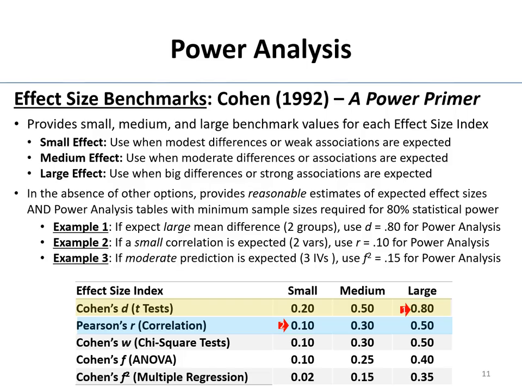And then finally, if I am doing predictions, so I'm doing a regression study, and I've got 3 independent variables and I expect a moderate proportion of variability accounted for in my dependent variable using those 3 independent variables, I would use Cohen's f for a multiple regression, and the effect size I would use is 0.15.